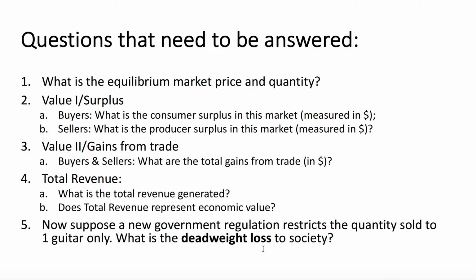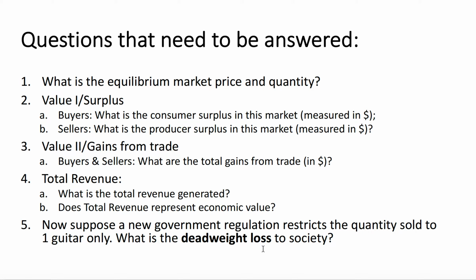Now the questions that need to be answered. What's the equilibrium market price and quantity? What's the surplus, both for buyers, consumer surplus, and sellers, producer surplus? What are the gains from trade, or the value created by trade? Well, that's adding consumer and producer surplus.